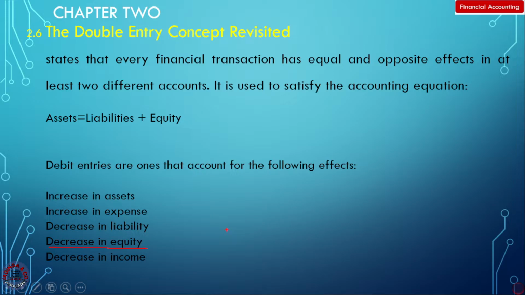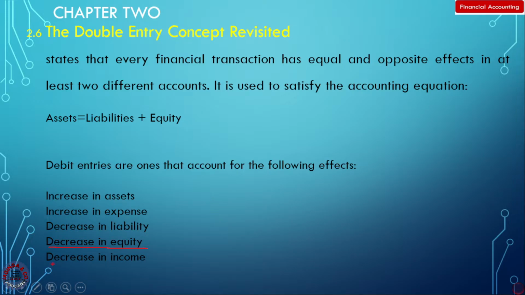It means that your account has to be reduced by 10,000. So reducing your account by 10,000 means that we'll debit that account because equity is always credited. But now that we want to reduce it, we'll debit the account by 10,000 and we'll credit back cash by the same amount because we are giving you back 10,000.